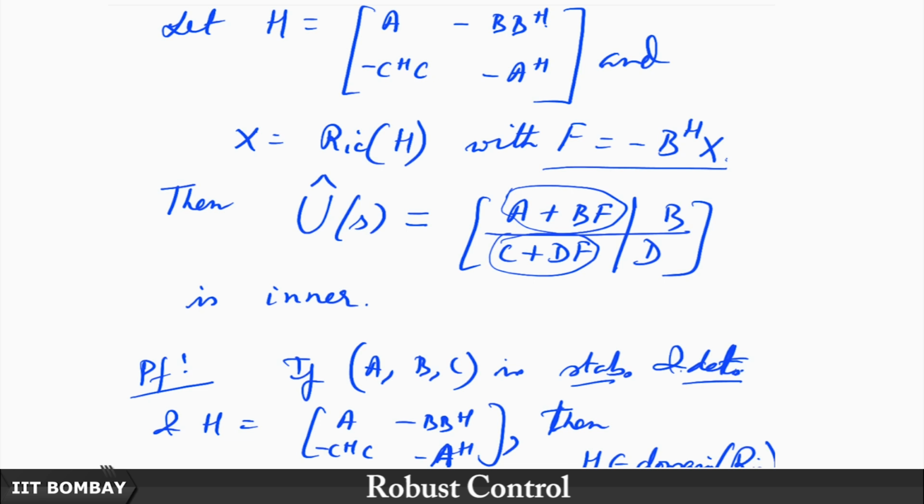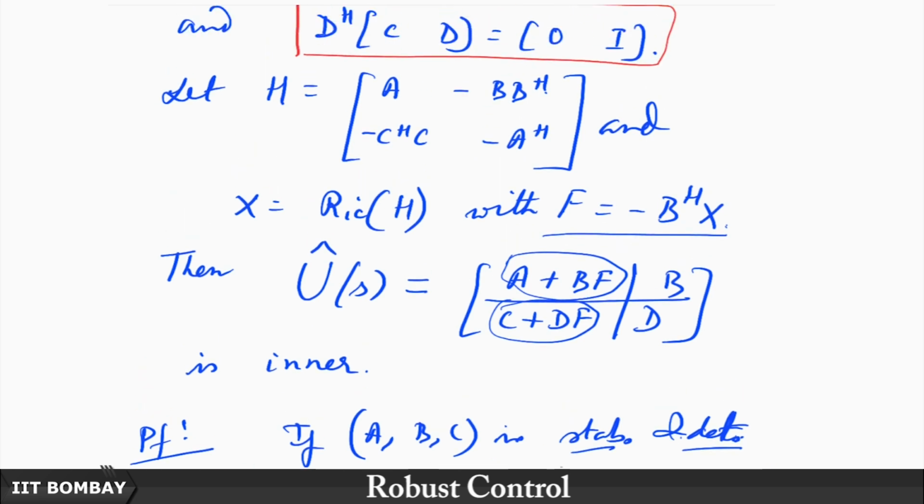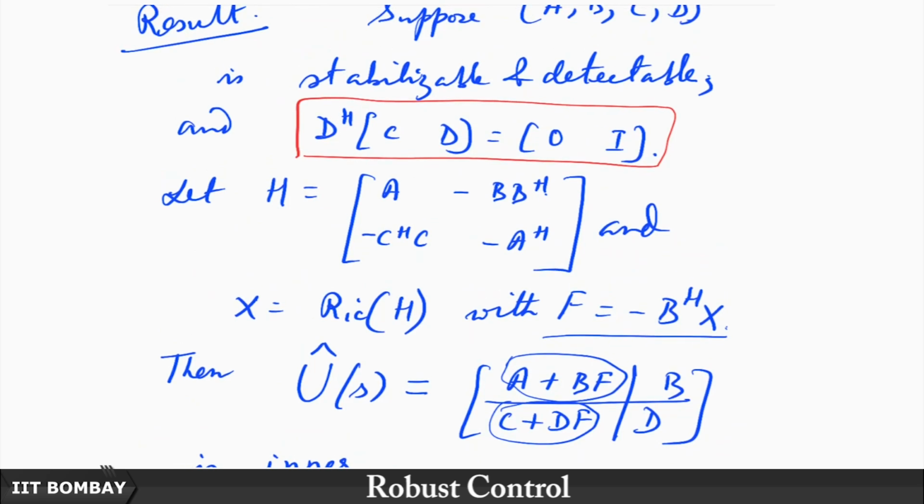In other words, it is norm preserving in the sense of this inner product that we have defined in the preceding lectures. Okay. So what is the sequence of steps? Given an A, B, C, D, you cook up this Hamiltonian, check that this mild condition, boxed in red, is true.